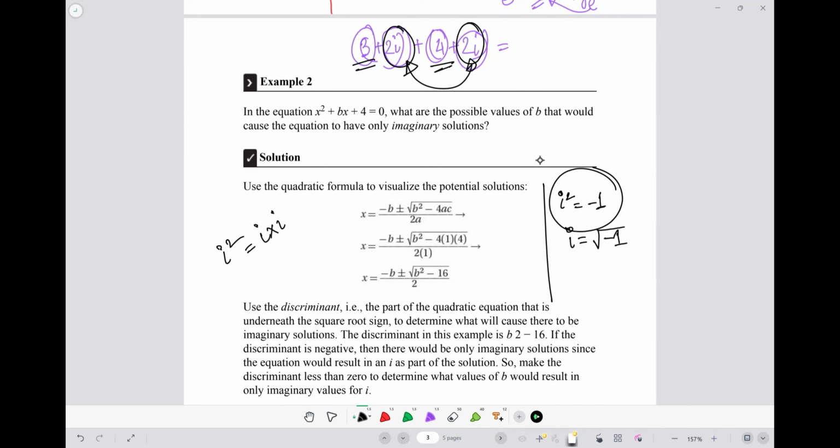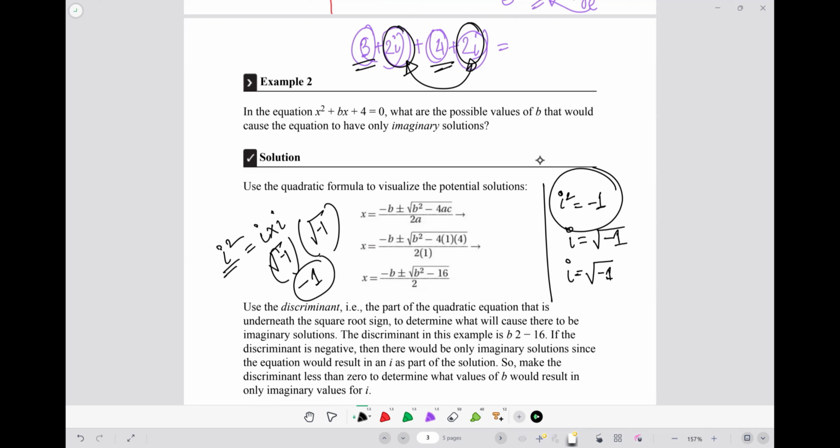And if you multiply root over -1 with root over -1 2 times, then you just get -1. And that is the interpretation of i square equals -1. And i equals root over -1.